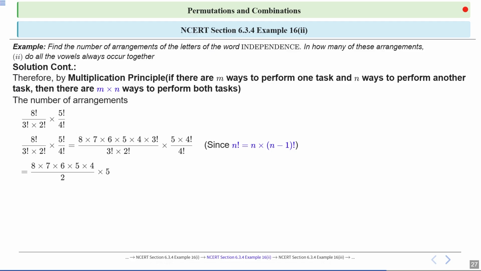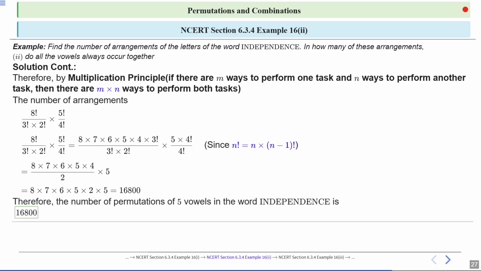This gives us 8 into 7 into 6 into 5 into 4 upon 2 into 5. This is equal to 16,800. Therefore, the number of permutations of the word independence with the vowels together is 16,800. I hope it is clear.